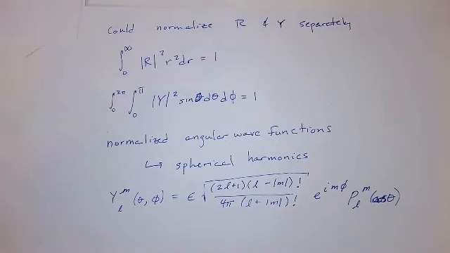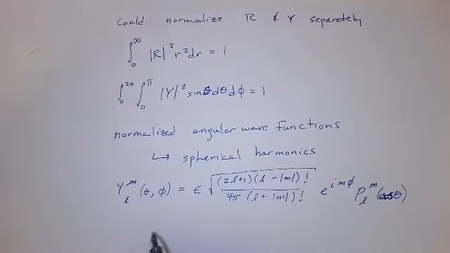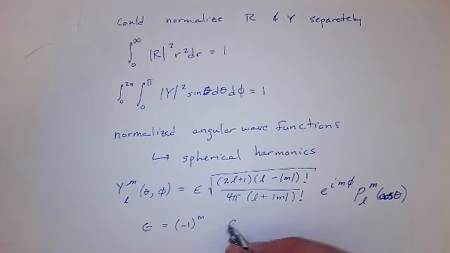All right, so that epsilon in the front is just going to be -1 to the m, right? So if it's -1 to the m, and again, this is for m greater than or equal to 0, then that is letting us know whether we have a negative sign or not in front of here.